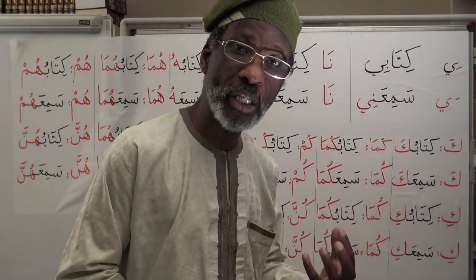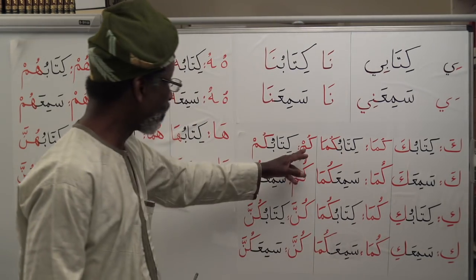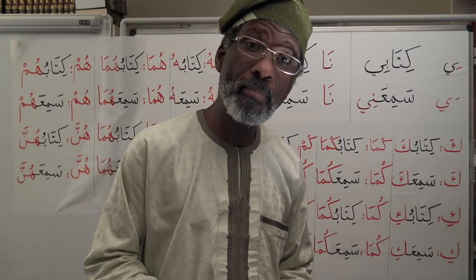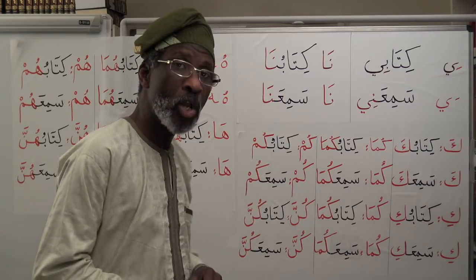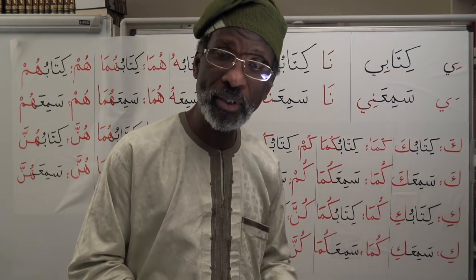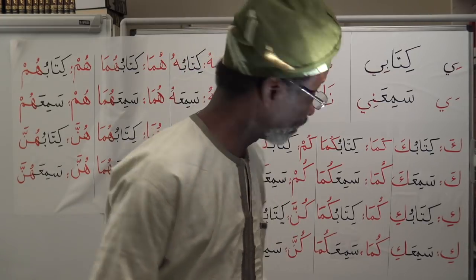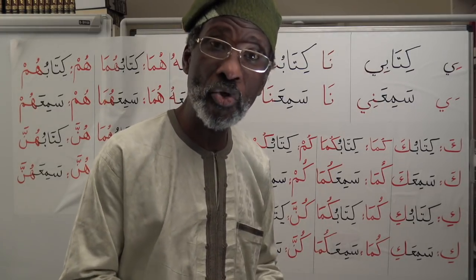Let's move now to the plural, which means three or more. Now, kum is the ending if you are talking about three boys or three men. Kitabukum, your book. So now you are talking to plural of masculine. Semi'akum, he heard you.